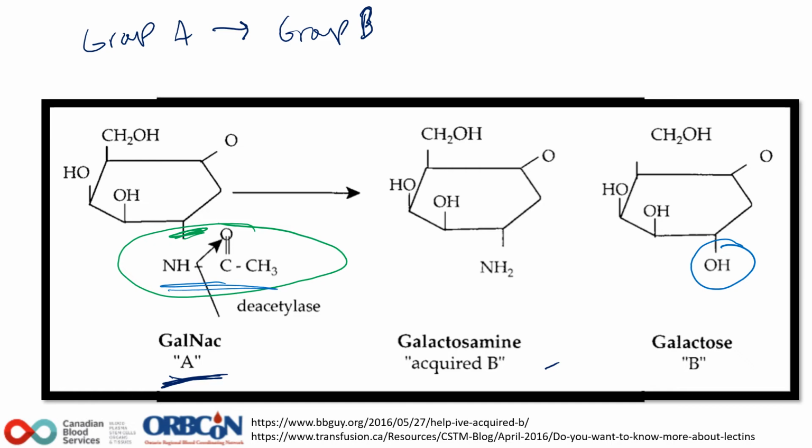What happens is the deacetylase comes in and cleaves here. It essentially attacks and causes the oxygen group to shift over, so we're left with this amine group. Now when we have monoclonal antibodies coming through, they can't tell the difference between these two and they'll react.